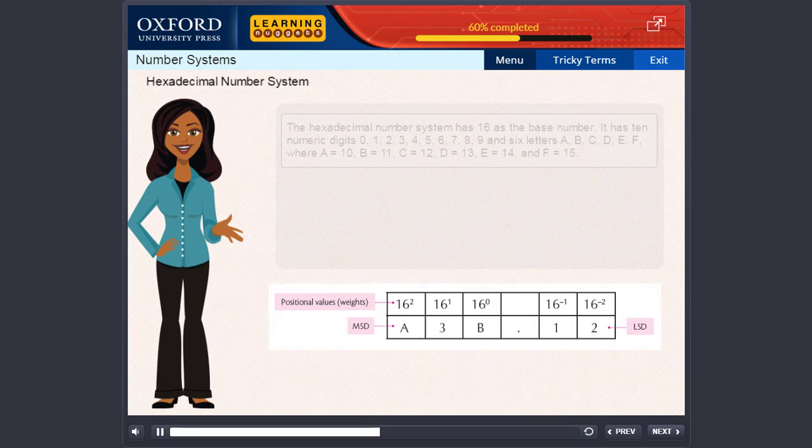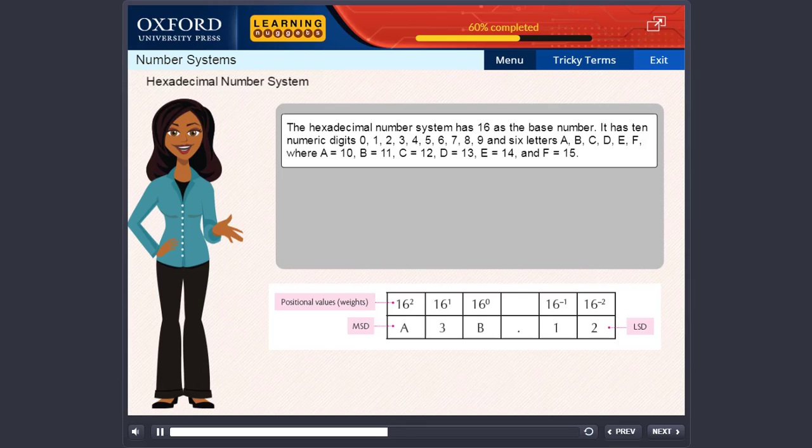Hexadecimal number system. The hexadecimal number system has 16 as the base number. It has 10 numeric digits, 0, 1, 2, 3, 4, 5, 6, 7, 8, 9, and 6 letters, A, B, C, D, E, F, where A equals 10, B equals 11, C equals 12, D equals 13, E equals 14, and F equals 15.